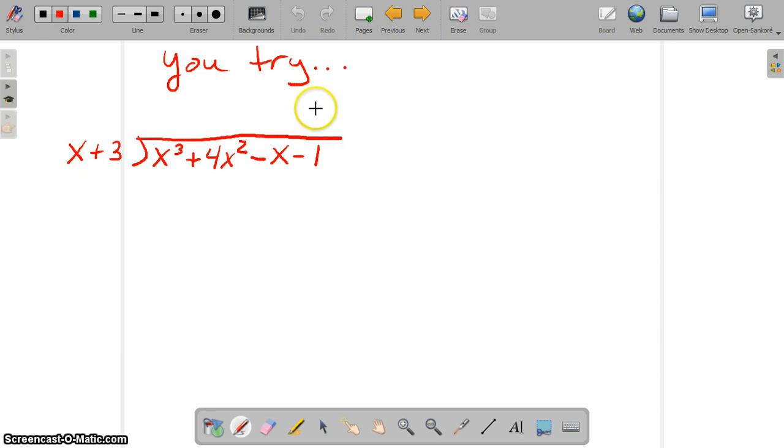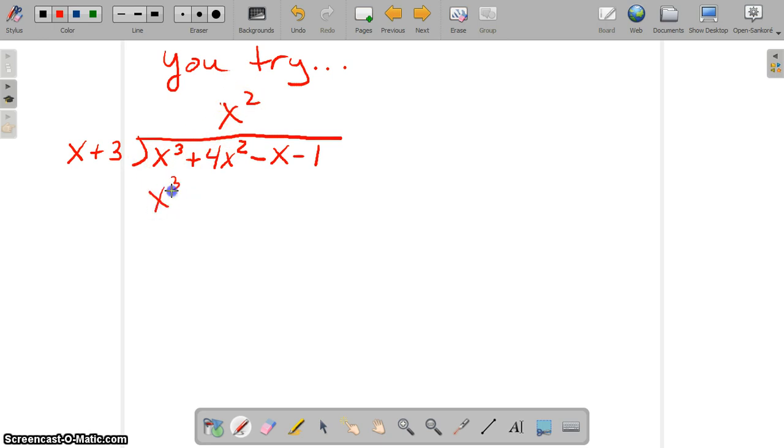Okay, so let's do this one. Hopefully you've done it already and you've already entered in your remainder. So let's give this one a try. It's a little bit shorter. I have to multiply an x by an x squared to get x cubed.